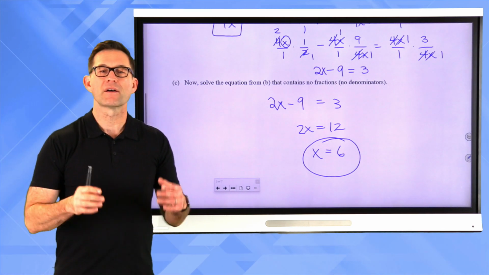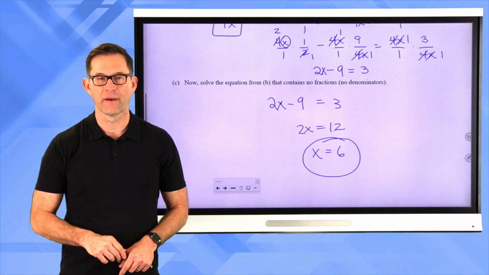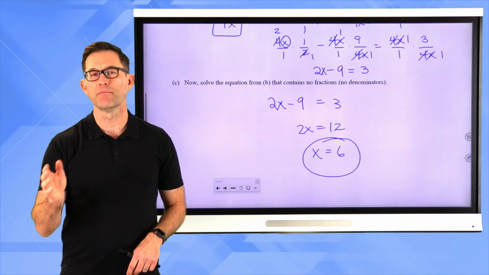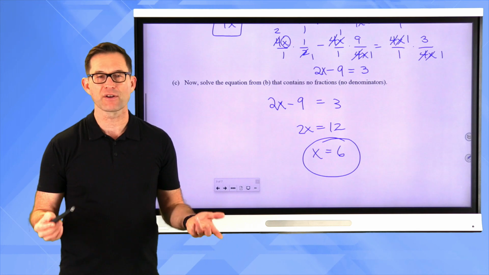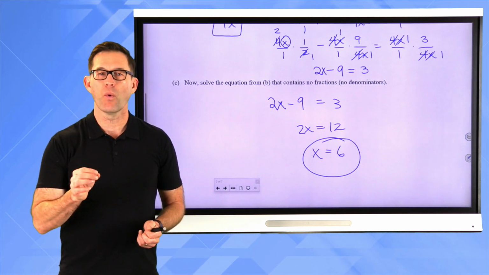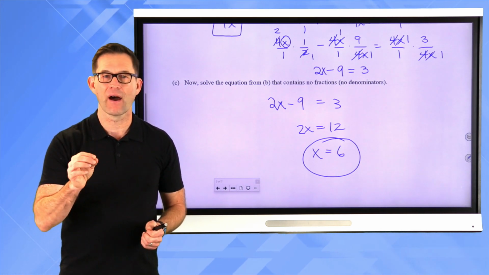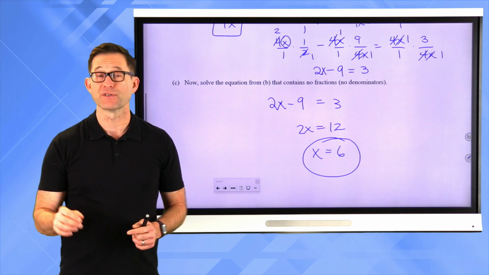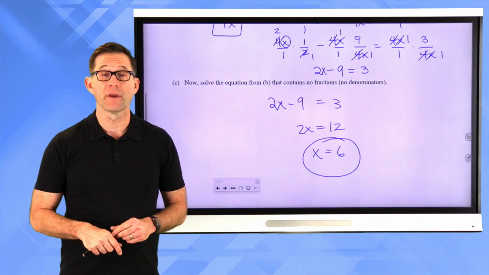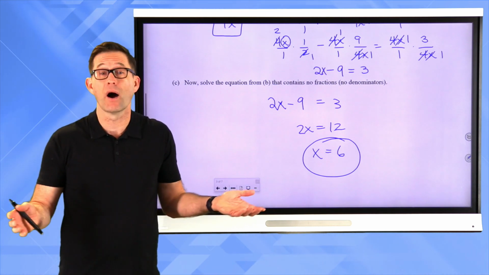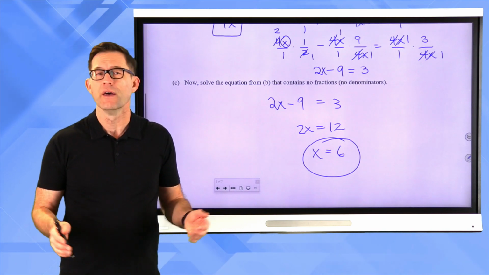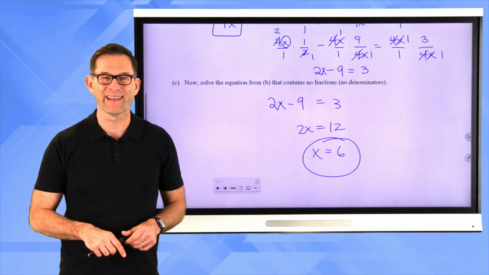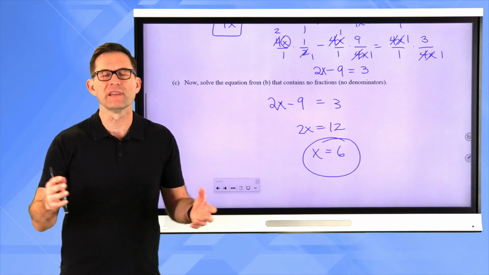All right? Clearing out the denominators. Basically, multiplying both sides of a fractional equation by some quantity that will cancel out all of the denominators. And the thing that will cancel out all the denominators will be any common denominator for all the fractions, but the least common denominator is nice because it leaves you with the least redundancy.